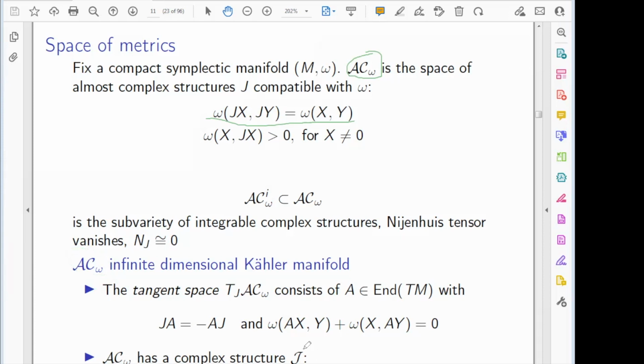Then you can define an almost complex structure on it by composing each tangent vector in the tangent space with the almost complex structure there.